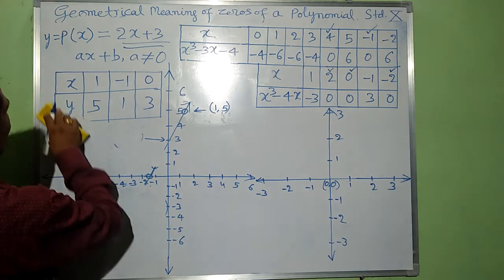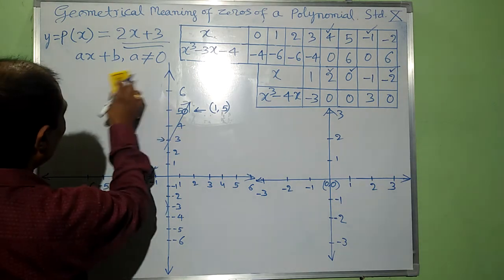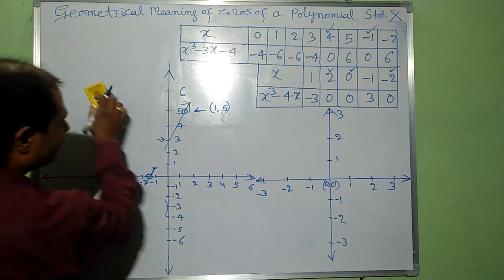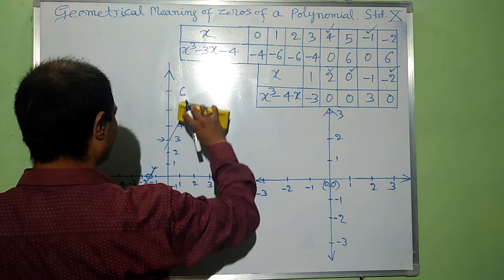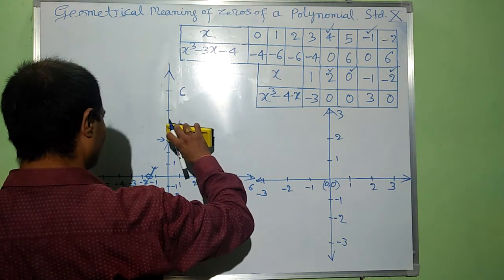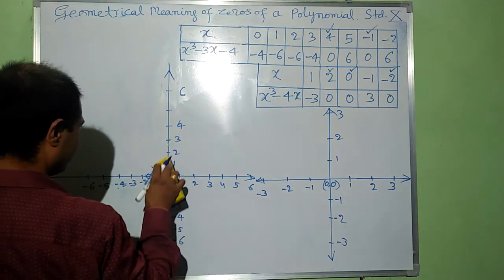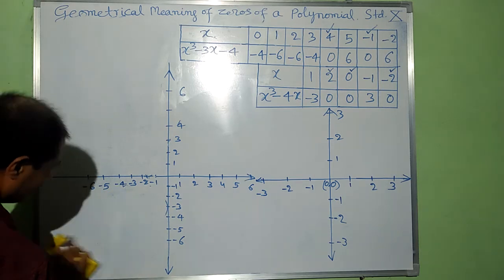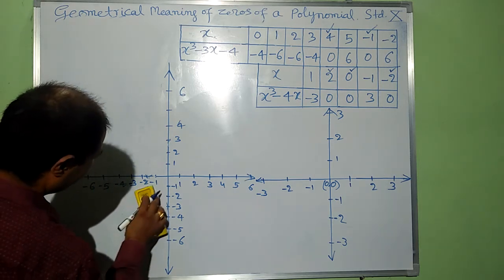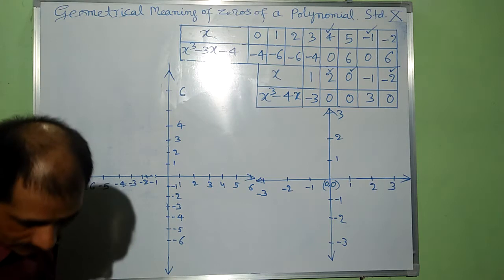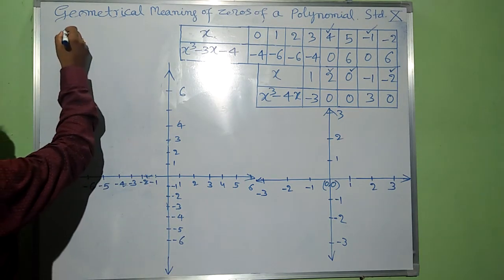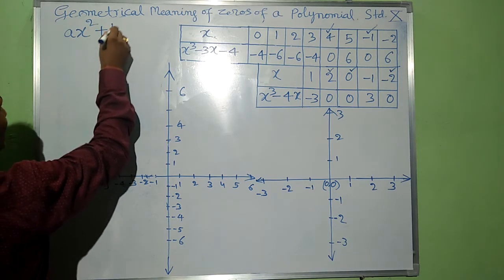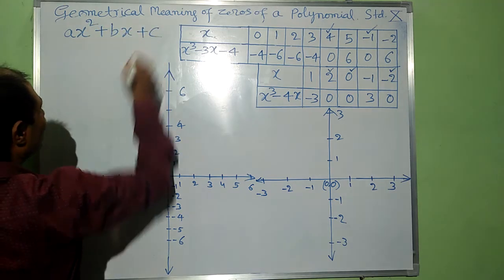Now I am going to draw a graph of a quadratic polynomial. As we know, a quadratic polynomial is of the form ax square plus bx plus c.